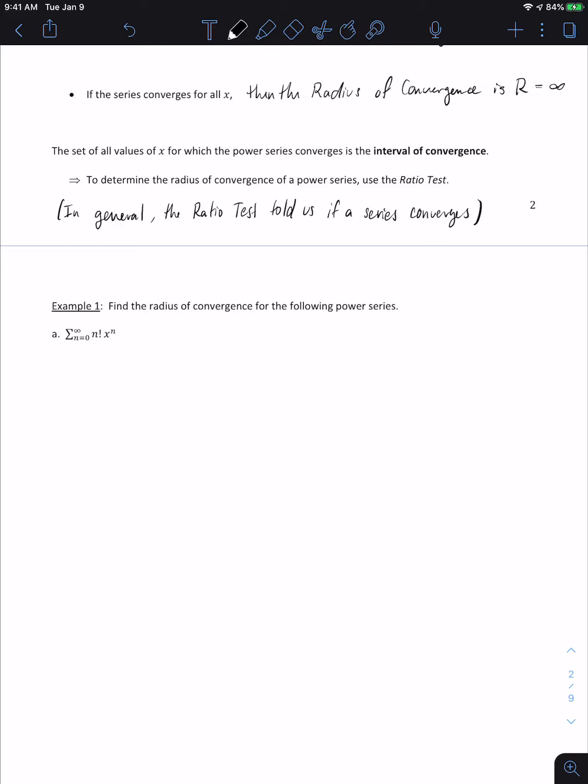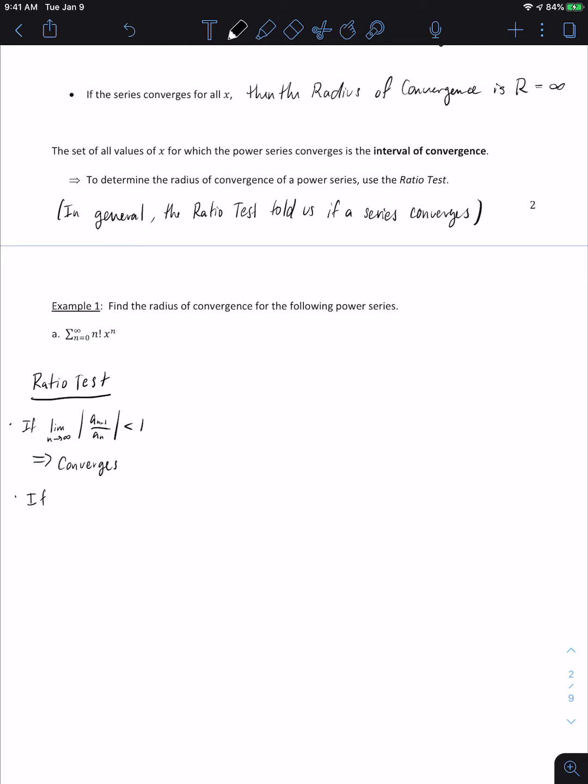Okay, so just as a side note here, let's go ahead and write out what the ratio test is, just so we're all on the same page. So again, the ratio test, what does it say? It says if the limit as n goes to infinity of a sub n plus 1 over a sub n is less than 1, then the series converges.